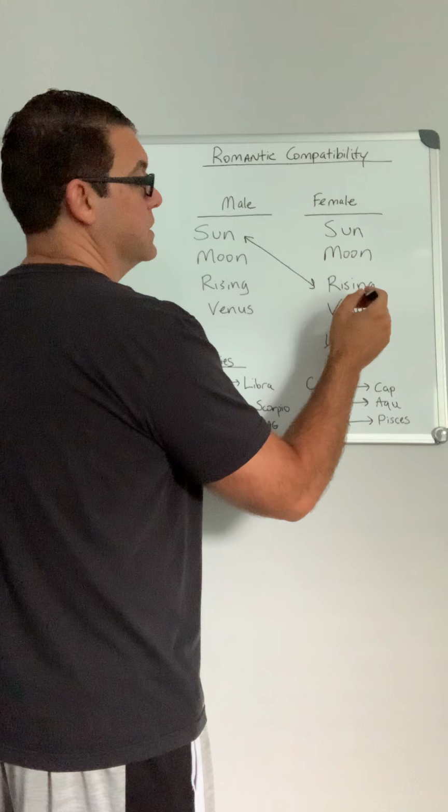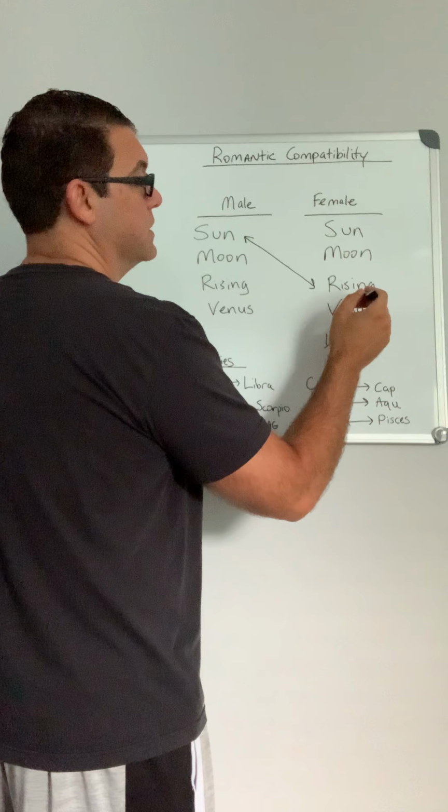Now, the last compatibility that I want to look at is if your sun or your rising is either in the same sign or a compatible sign. Okay, so if your sun is in Taurus and your rising is in Taurus on the other person, then you get a point for that.